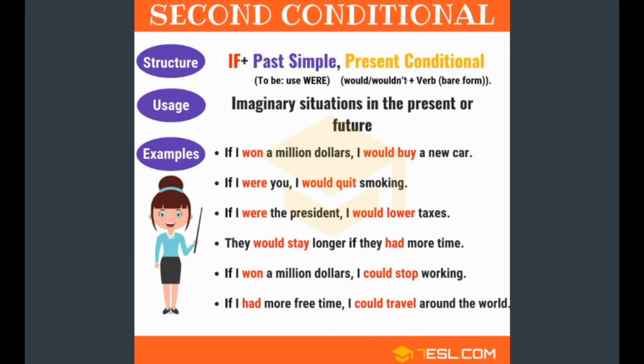Next example we have, they would stay longer if they had more time. I inverted the position of the conditional part of the sentence, placing it after the main sentence. But I can say, if they had more time, comma, they would stay longer. You see, it's not a problem if I invert the position of each sentence, right?